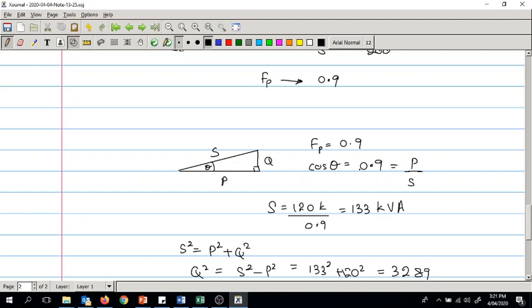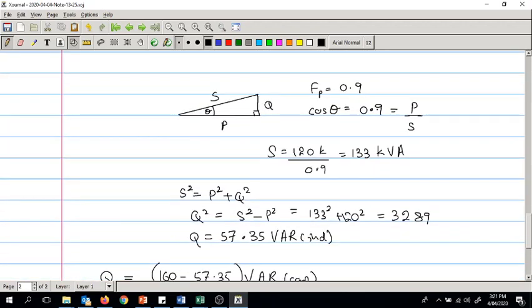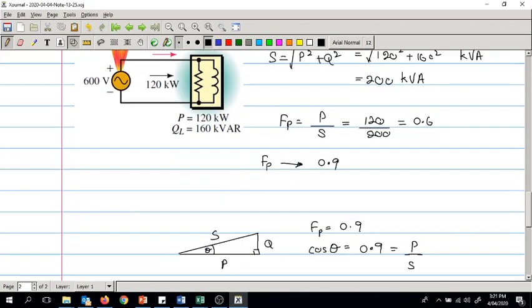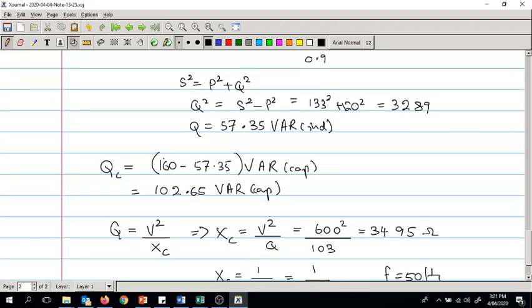You use the same procedure but with a new power factor value. You draw the power triangle for the new power factor, find the new Q, and the difference is the capacitive reactive power that you need to add, right?